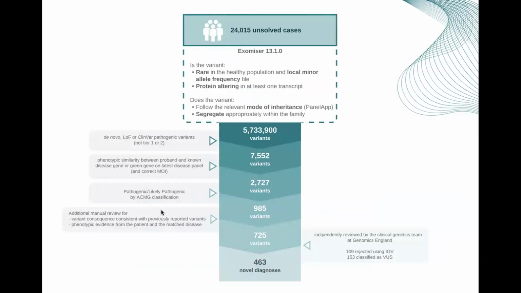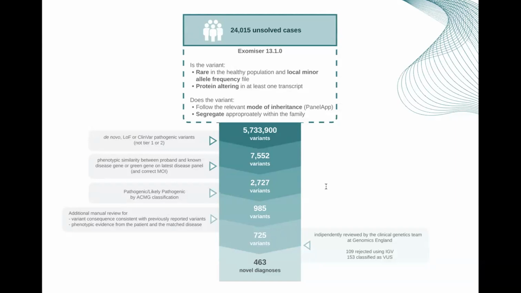So therefore, we tried to tackle the challenge of solving these previously unsolved cases and to assess the use of Exomiser for interpretation and its ability to incorporate the latest knowledge of diseases, genes, and phenotypes. A large-scale reanalysis of 24,000 unsolved cases from the 100,000 Genomes Project was performed using Exomiser version 13.